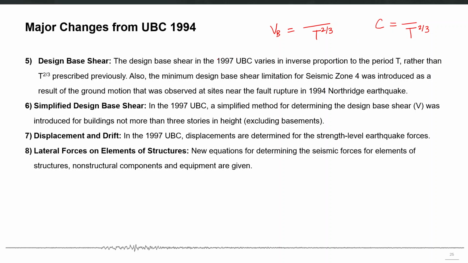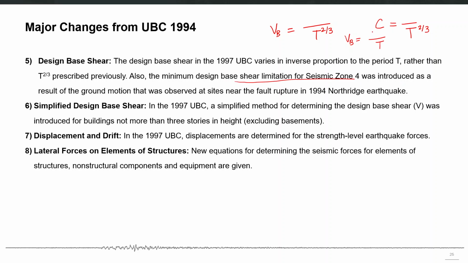But now in UBC 97, the base shear coefficient is simply inversely proportional to T and not T raised to the power 2/3. So now we will have a base shear formula which is simply inversely proportional to the time period of the structure. Also, a minimum design base shear limitation for seismic zone 4 was introduced.